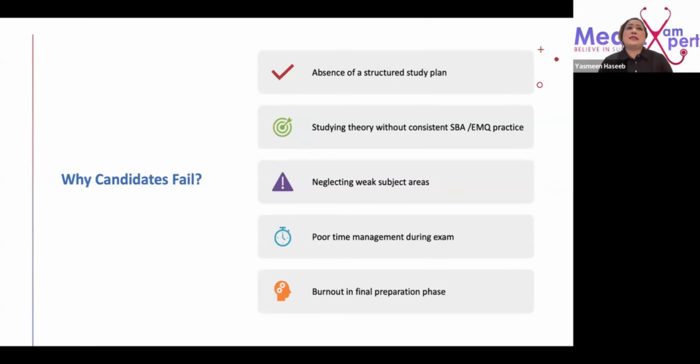Then comes poor time management during the exam. People start doing the EMQs, for example, and there is some difficult EMQ, you don't know the answer. Don't waste your time on that one difficult question. Just make a star with the pencil on that and move on to the next one. Once you finish all, come back to those EMQs or SBAs where you have put a star with the pencil.